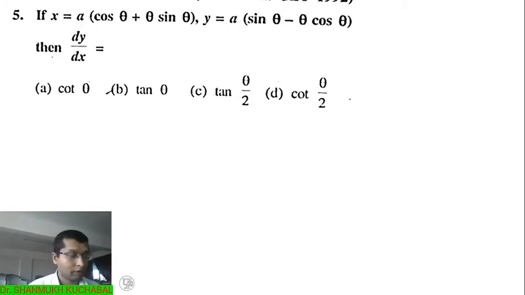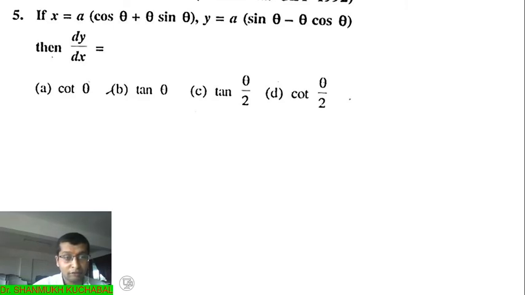Now example number 5. x is a function of theta, y is a function of theta, then we have to find dy by dx. This is parametric differentiation. That is, we have to find the differentiation of y with respect to theta, and the whole divided by the differentiation of x with respect to theta.